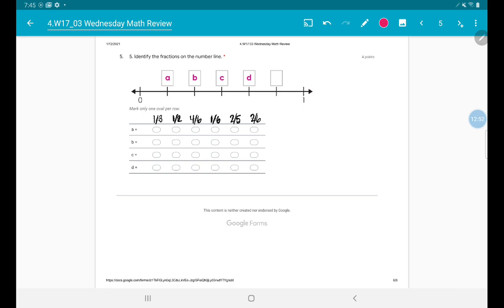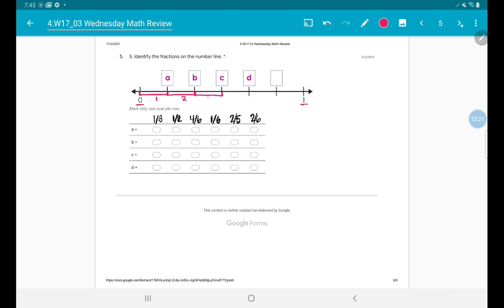And the last one, number 5. We're identifying the fractions on the number line. So my number line starts with 0 and goes to 1. I need to see how many equal spaces I have between 0 and 1. So to get from here to here, there's 1. Here's another space. That's 2.